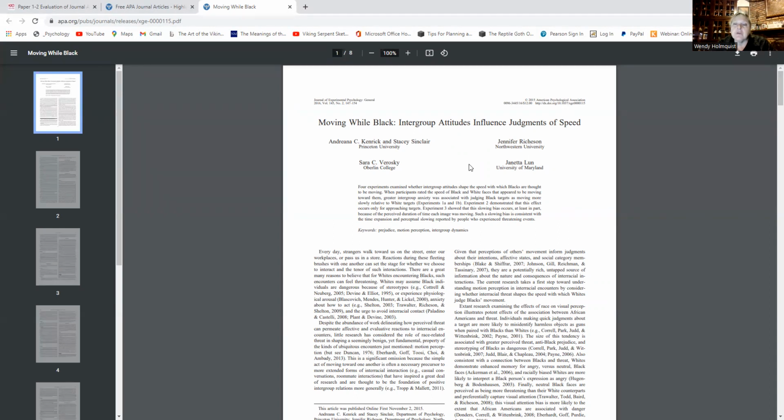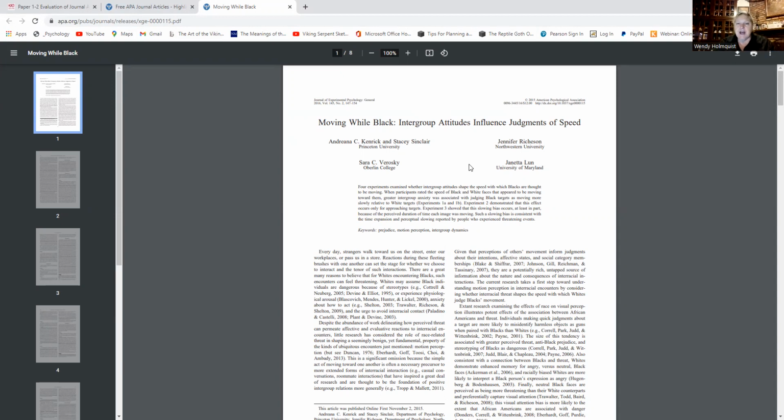Experiment 3 showed that this slowing bias occurs, at least in part, because of the perceived duration of time each image was moving. Such a slowing bias is consistent with the time expansion and perceptual slowing reported by people who experience threatening events. So this is a really interesting paper.